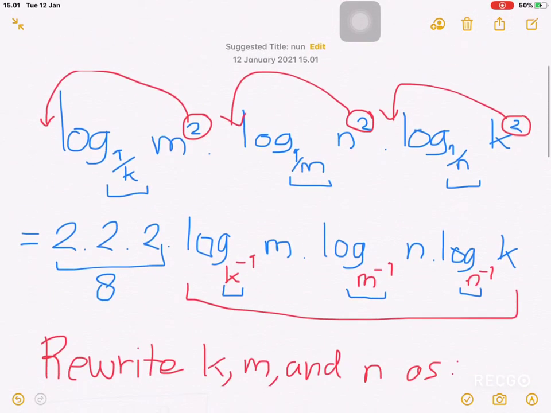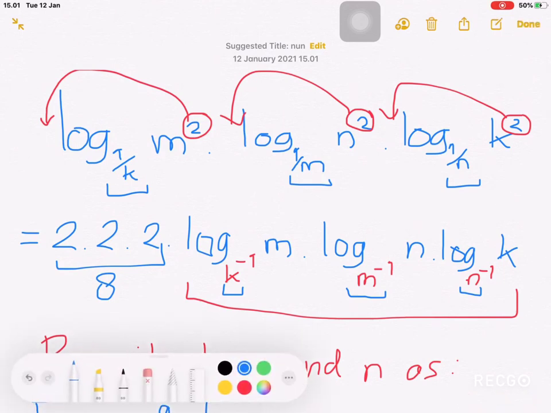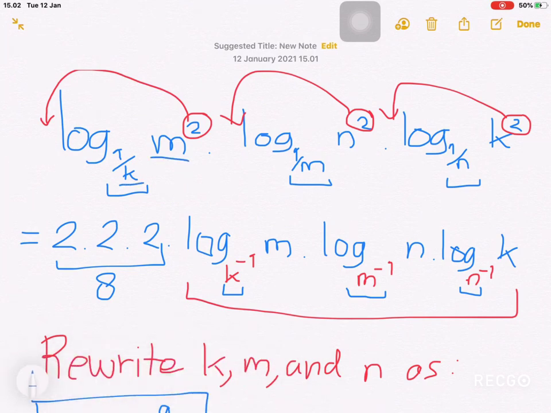I think what makes this problem a bit tricky is how the variables are placed. We have k right here, we have m right here, and it doesn't match. We have m right here, we have n right here, also doesn't match, and k right here again doesn't match. That's what makes the problem tricky looking at first, but if you use some tricks, you can solve it. And that's what math is about. If you know the trick, you can find the solution easily.